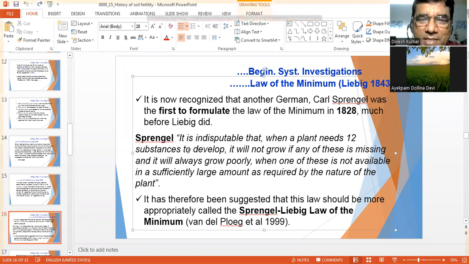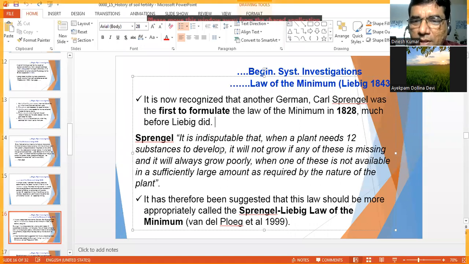Much before Liebig, Sprengel said, it is indisputable that when a plant needs 12 substances to develop, it will not grow if any of these is missing, and it will always grow poorly when one of these is not available in a sufficiently large amount as required by the nature of the plant.